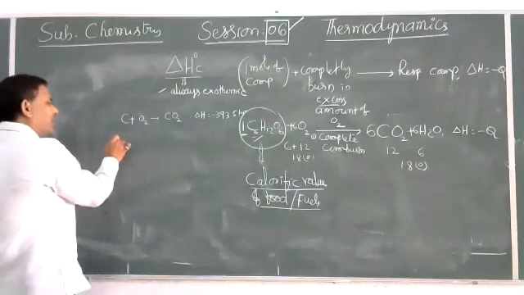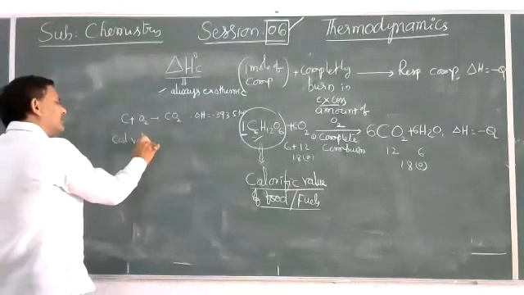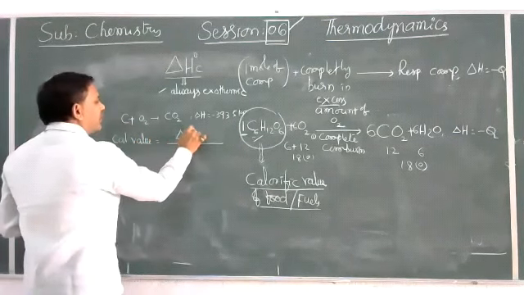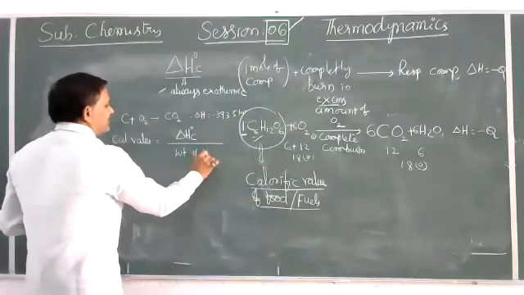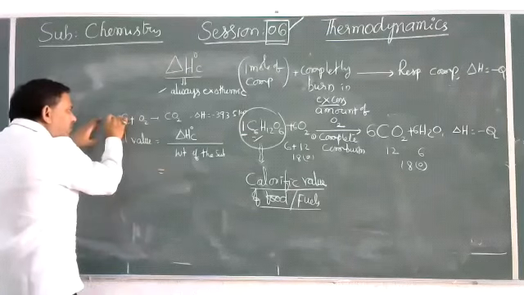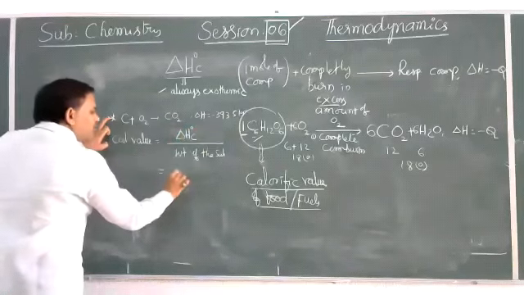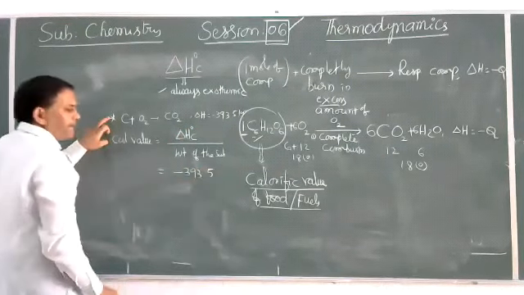Its calorific value is nothing but delta H naught C divided by weight of the substance. Here in this process, by complete combustion of carbon, how much amount of heat is liberated? 393.5.